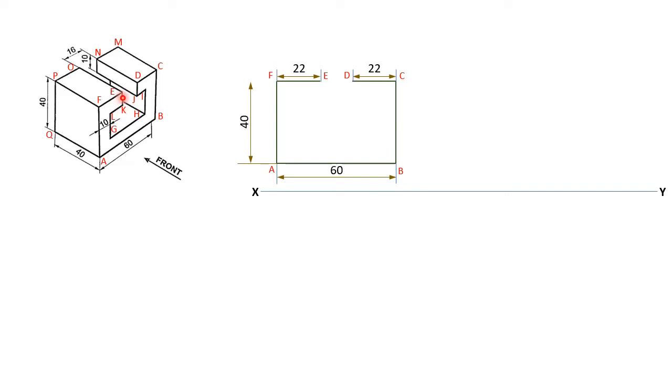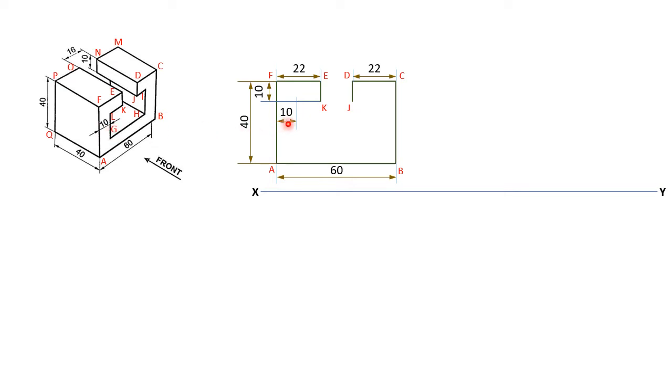Then EK, the height, is 10 unit. So we will draw EK at 10 unit distance. Similarly, we will draw DJ also at 10 unit distance. Then from the edge FA, we see that edge LG is 10 unit.